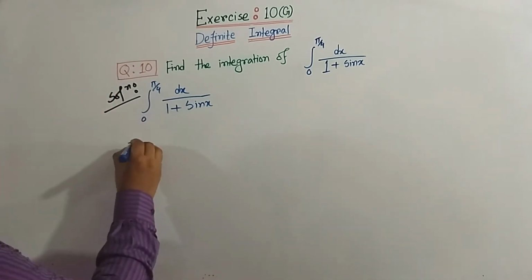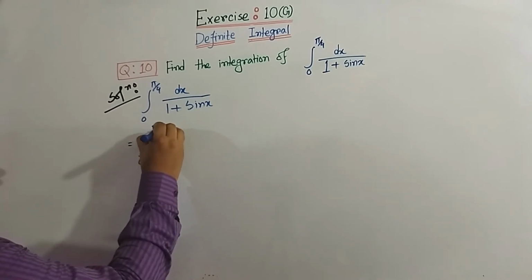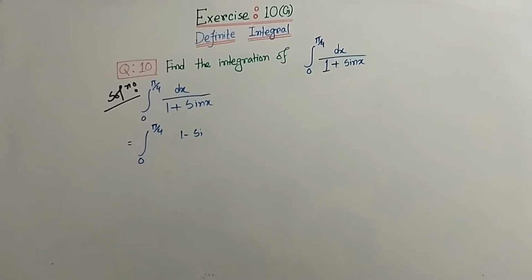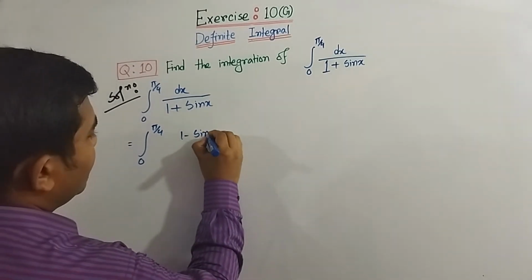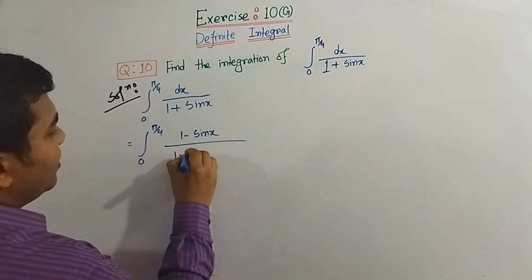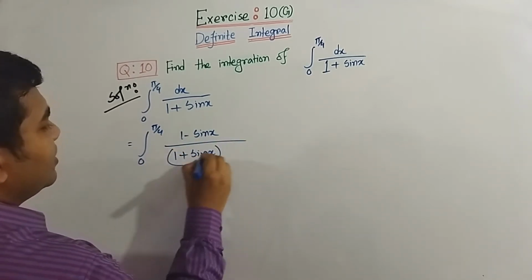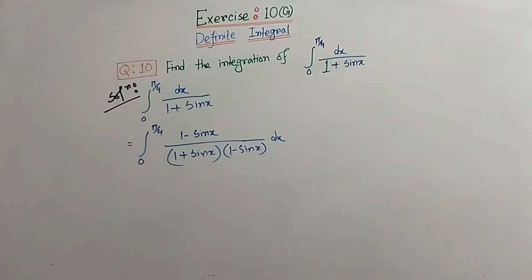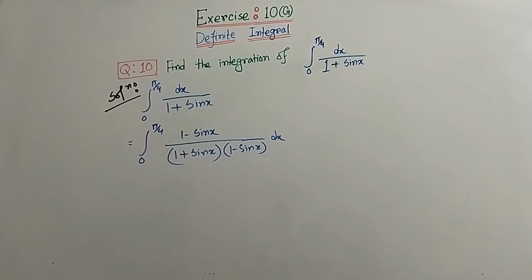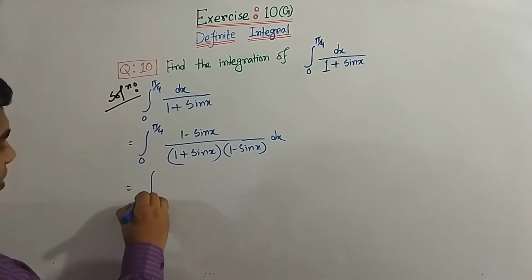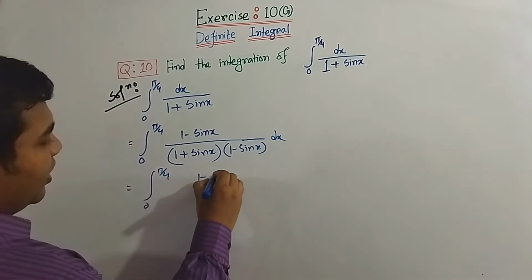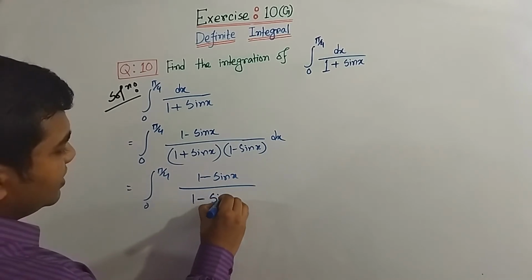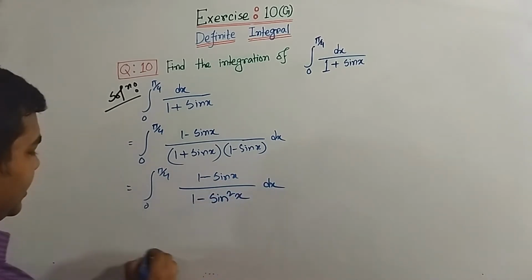Okay, so if we do that, then you will get 1 minus sin x divided by 1 plus sin x times 1 minus sin x dx. Okay, then 1 minus sin x divided by 1 minus sin square x dx.